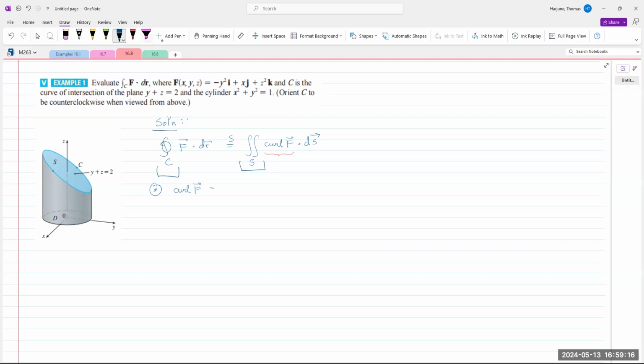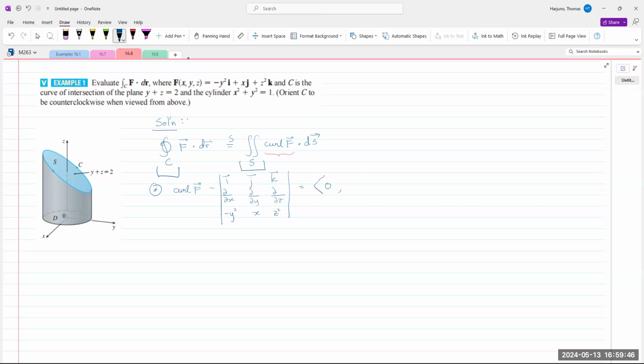As I can show you here, when we compute the curl of vector field F, with del x, del y, del z, the vector field may be quite complicated, (negative y squared, x, and z squared), but when we apply the curl, in the first component we get 0.